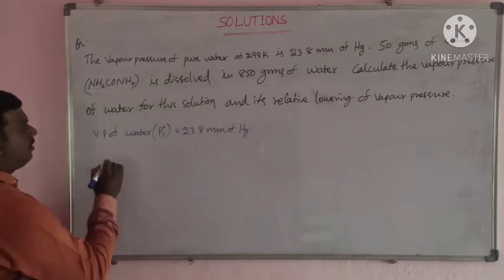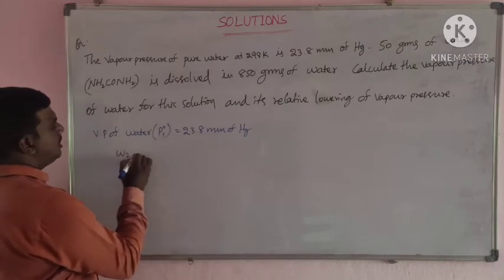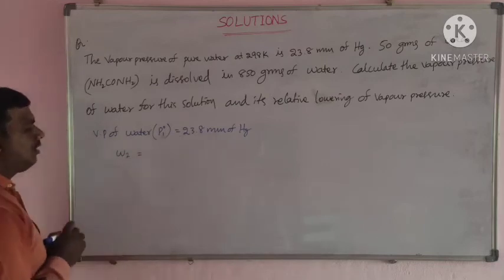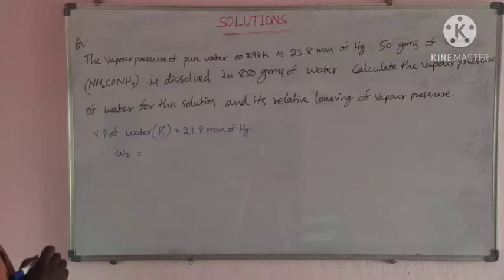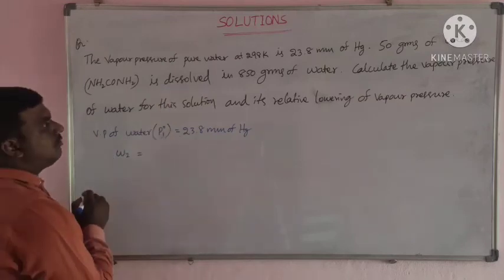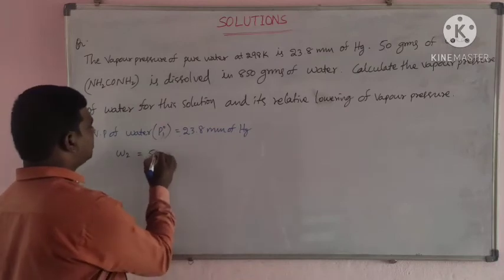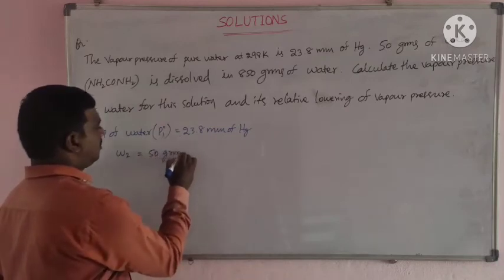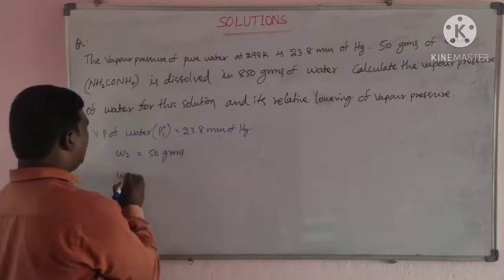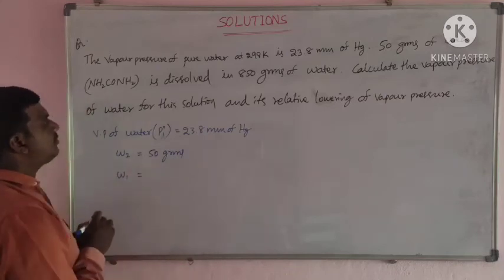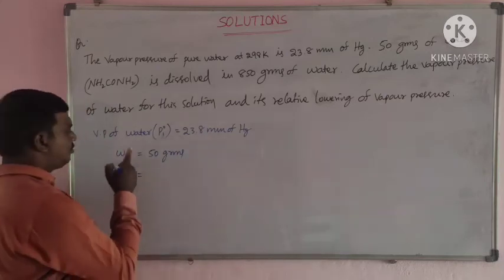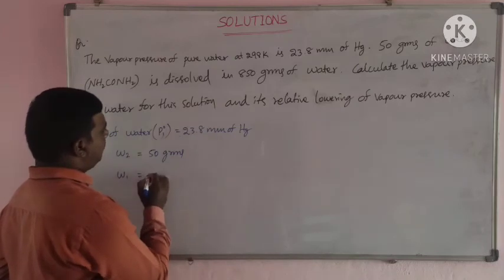And here W2 is equals weight of solute. What is weight of solute? 50 grams. And W1, weight of solvent, that is water, 850 grams.